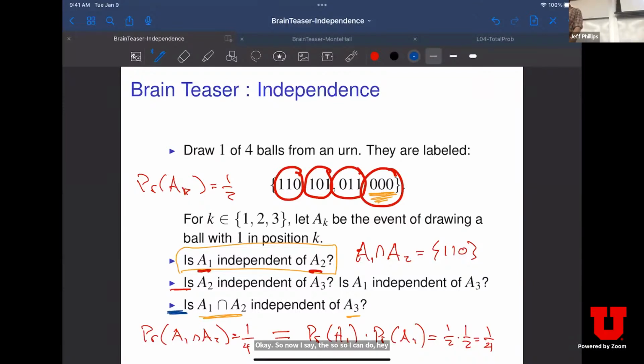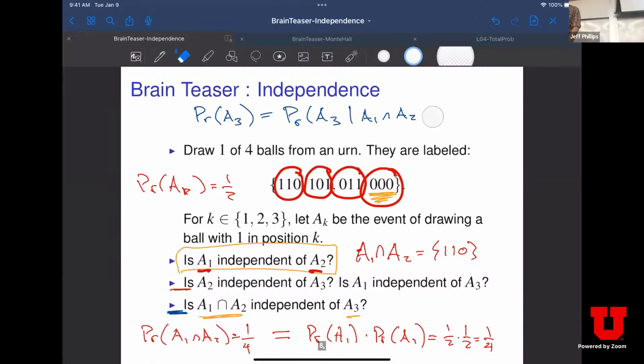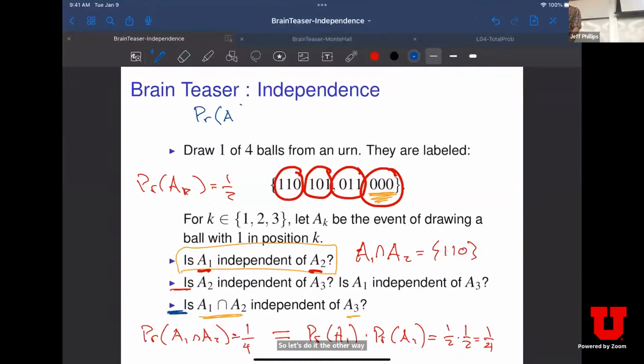If this is true, then I should have that the probability of A1 intersection A2 is equal to the probability of A1 intersection A2 given that A3 is true.